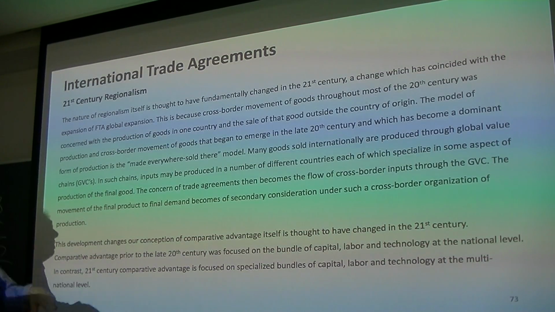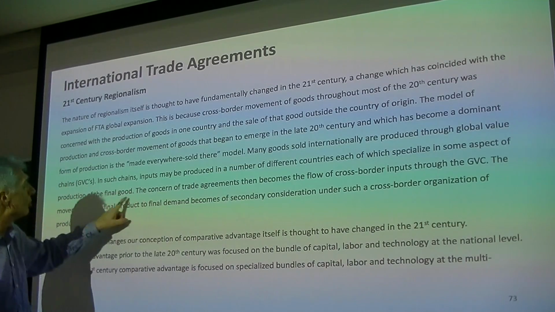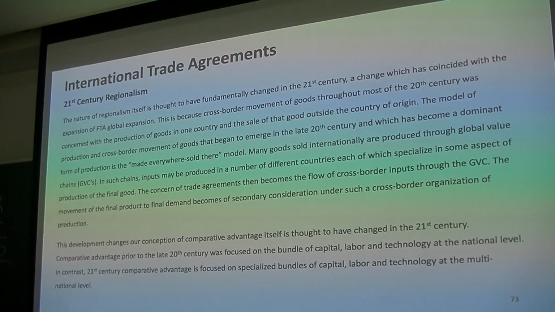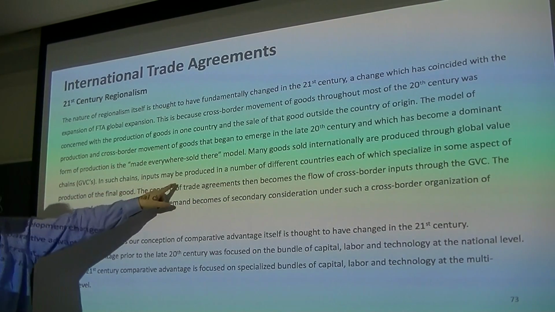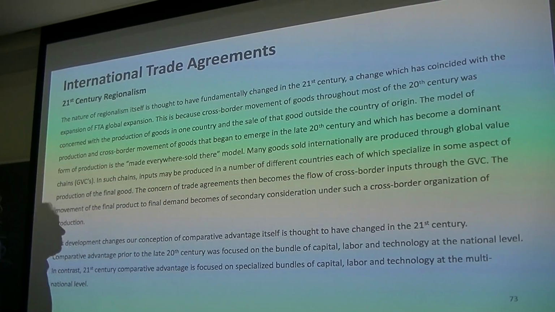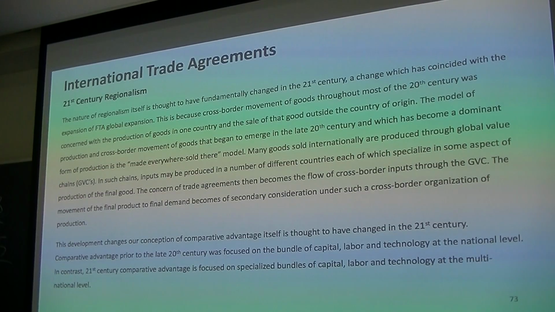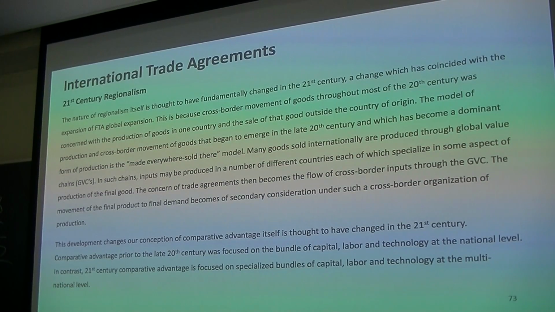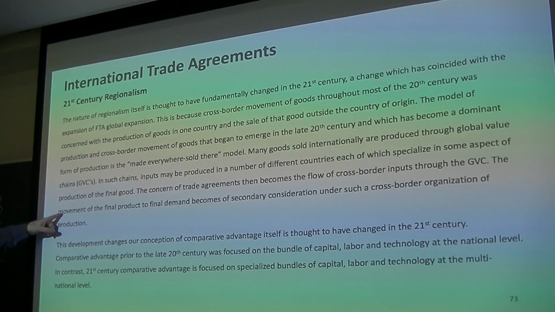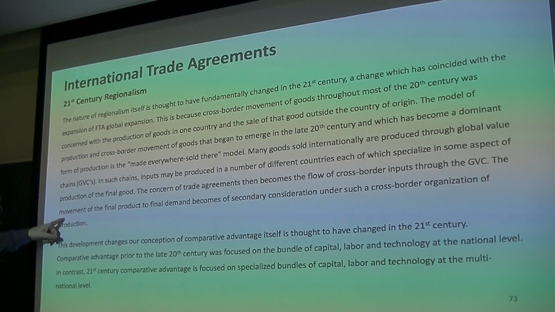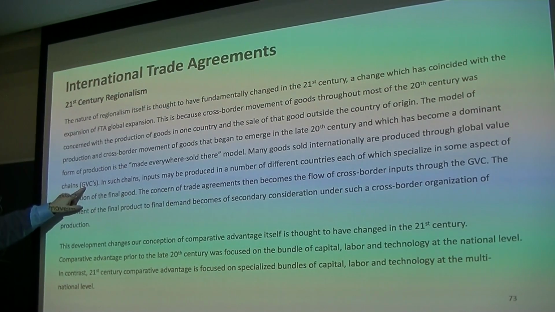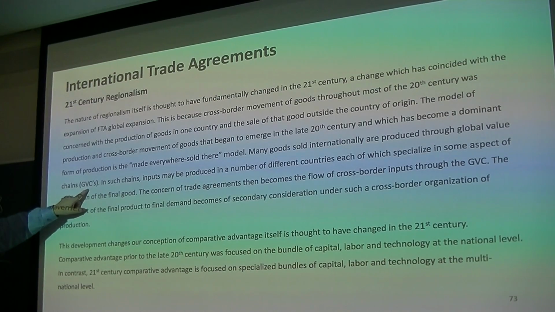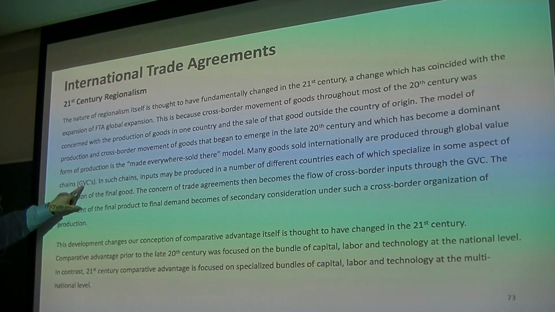Many goods sold internationally are now produced through what are called global value chains, or GVCs. In these chains, inputs may be produced in a number of different countries that each specialize in some aspect of production of the final good. So in this situation, you may very well get an expansion of localization economies, which enable global value chains to take place.